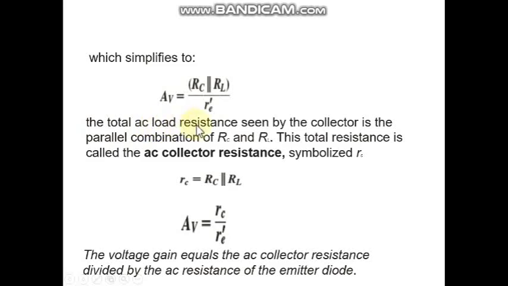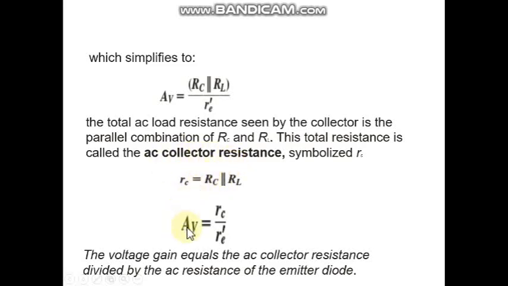The total AC load resistance seen by the collector is the parallel combination of RC and RL. So that total resistance is called the AC collector resistance. The symbol is small rc. So RC parallel RL is called the AC collector resistance.